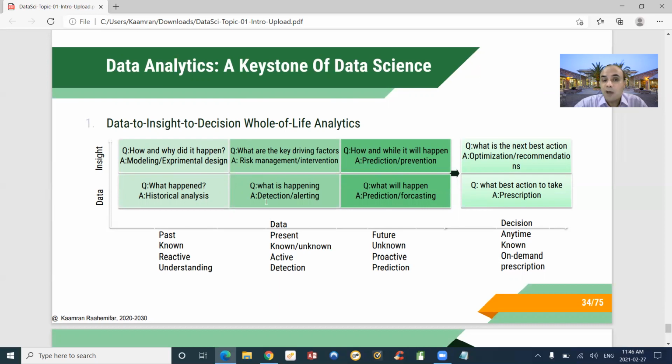What is happening? So I'm going to detect, I'm going to alert. This is real-time data that is coming in, the present. What are the key driving factors? At this time, I'm in the present, I need to intervene, something might be wrong. Maybe the risk to reward ratio is not within the margin or threshold that I want. So I have to have some risk management. If you want to trade a stock, in the past, you were able to understand what has happened.